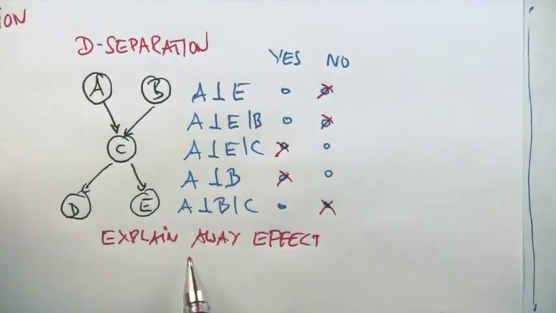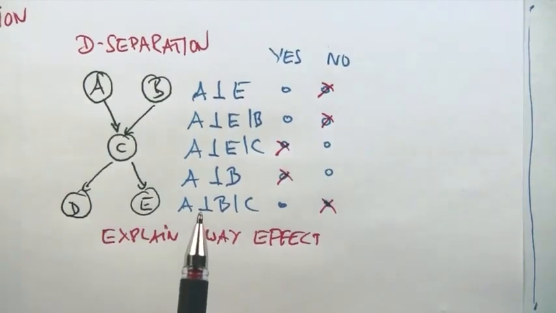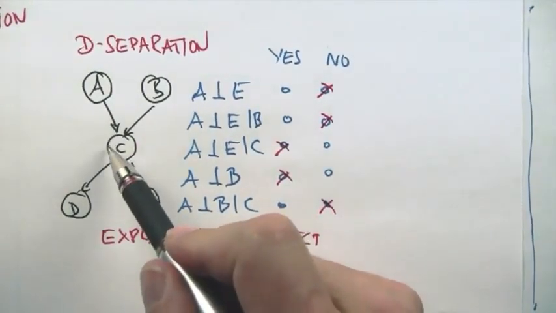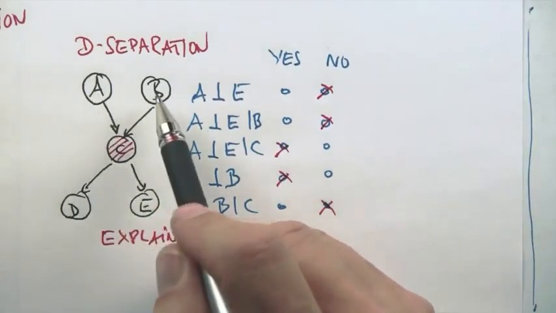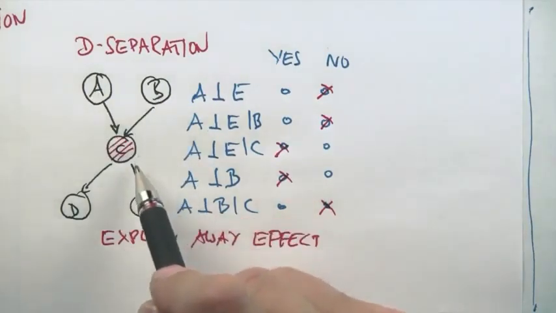The interesting thing here is we are facing a situation where knowledge of a variable C renders previously independent variables dependent. This leads me to the general study of conditional independence in Bayes networks, often called D-separation or reachability.